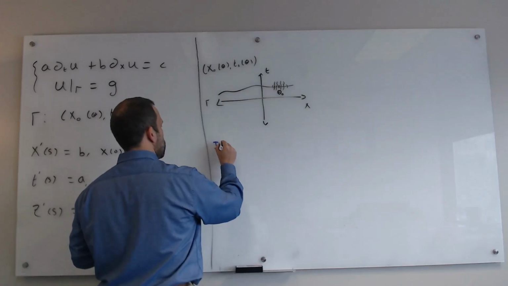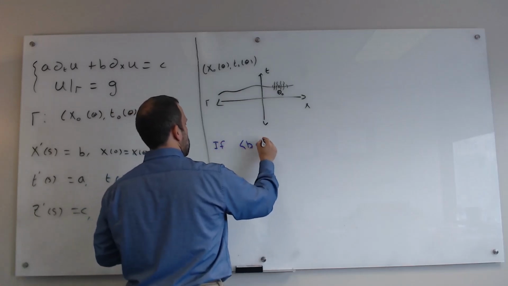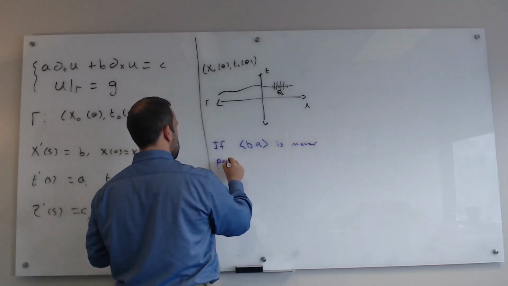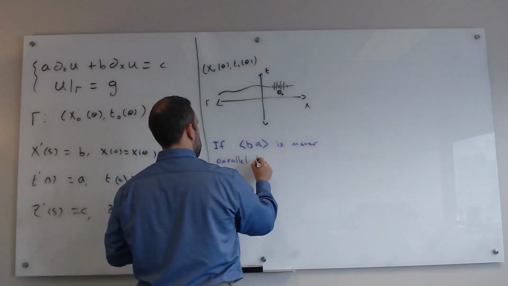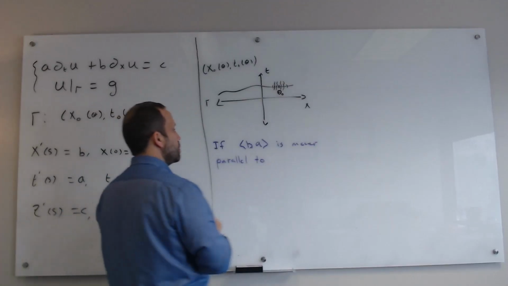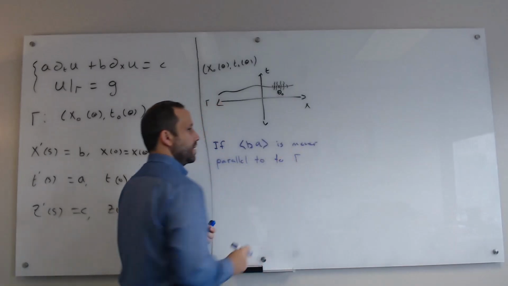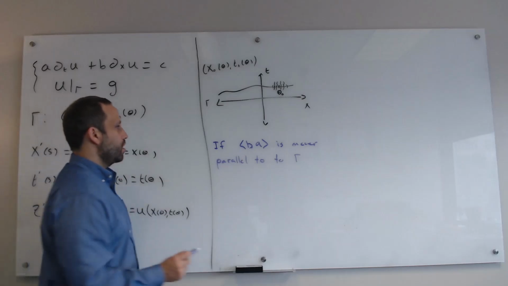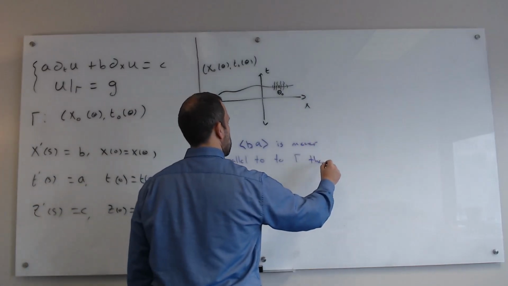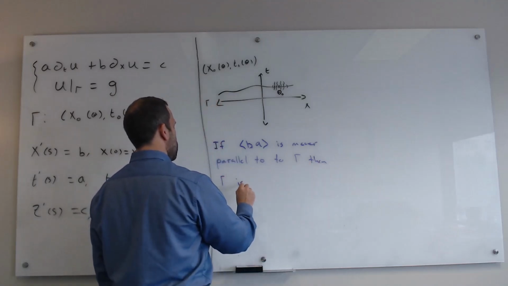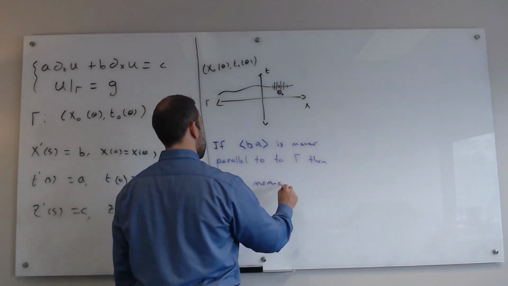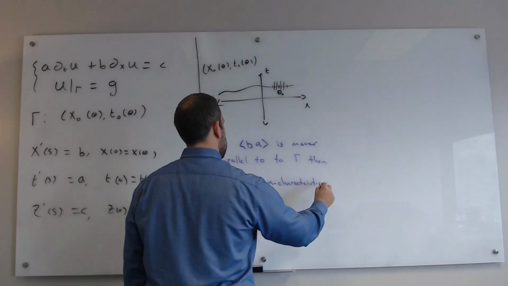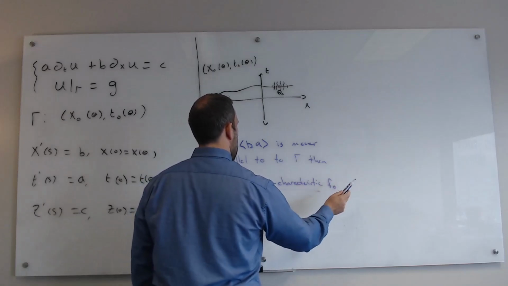If (b, a) is never parallel to gamma, meaning this vector is never parallel to the tangent vector of gamma, then gamma is non-characteristic for the PDE.